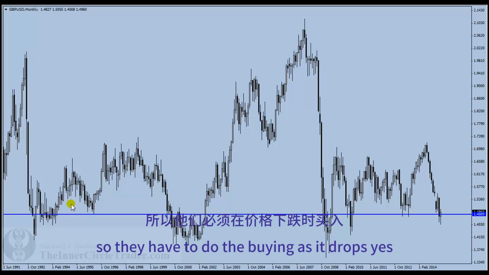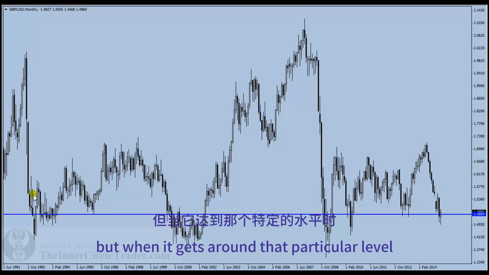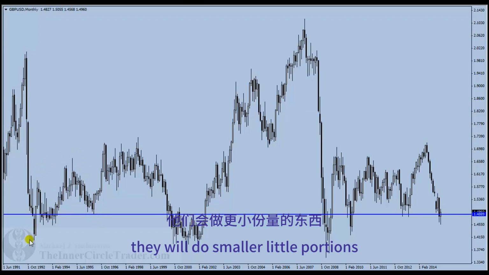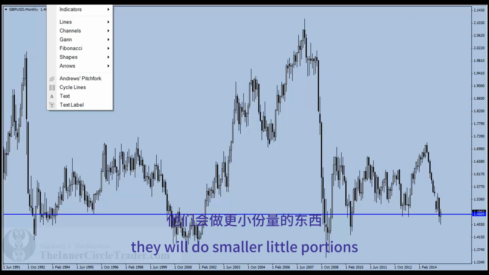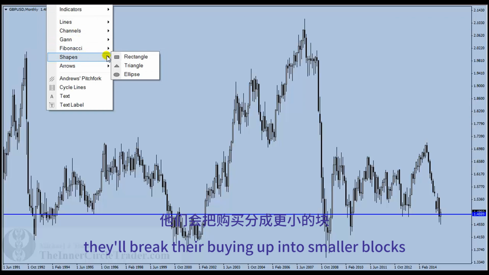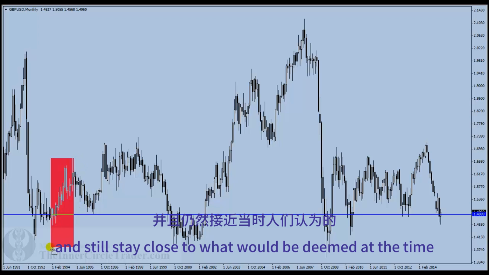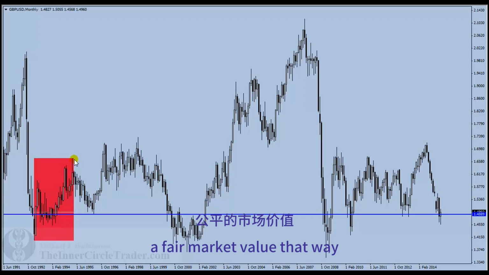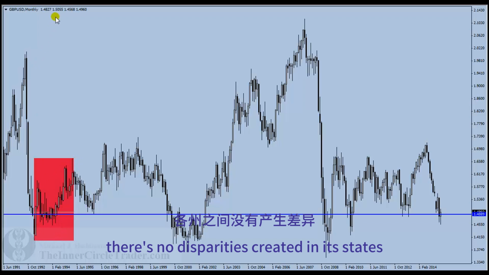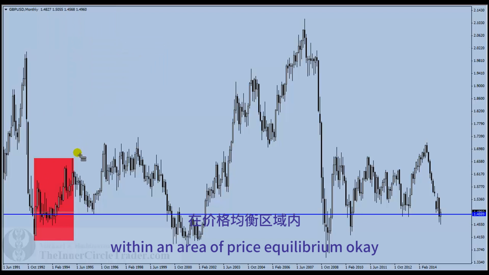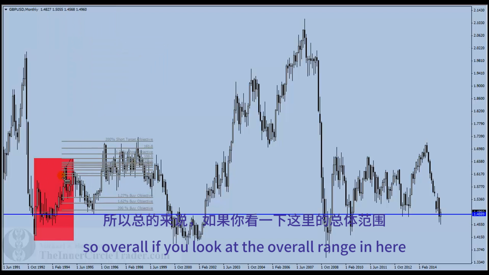Okay, so overall, if you look at the overall range in here, we have the high of this candle here and the low of this candle, and I'll give you an idea what I'm referring to here. If we look at that in the sense that this is a trading range, between the high and the low, look at the 50% level of those two price points.